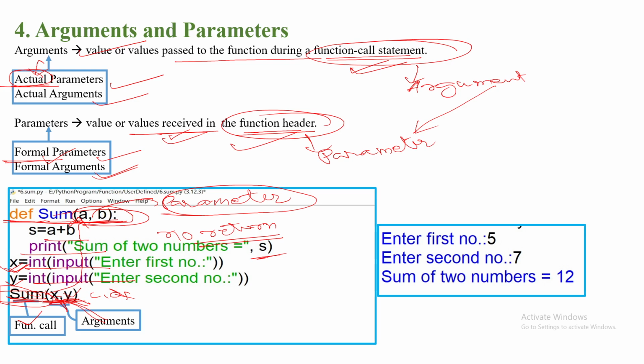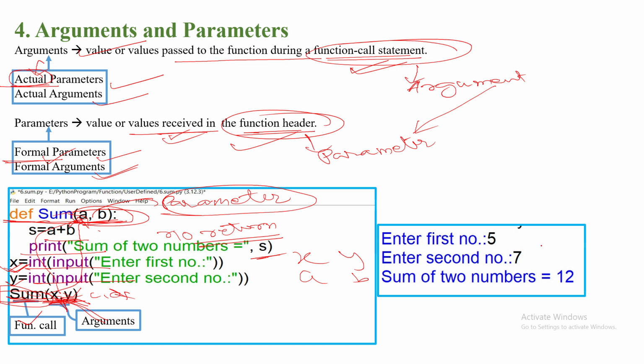Maybe an error will not be generated, but you will not get any result. So x means a, and y is for b. So x and y I am passing through the function call statement, and in the function header x means a, and y means b. First variable for first parameter, second variable for second parameter, like this.